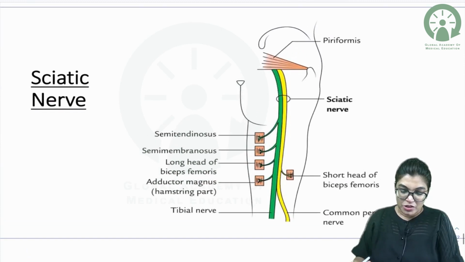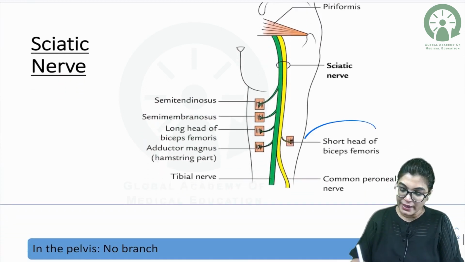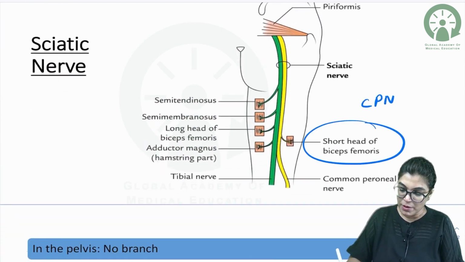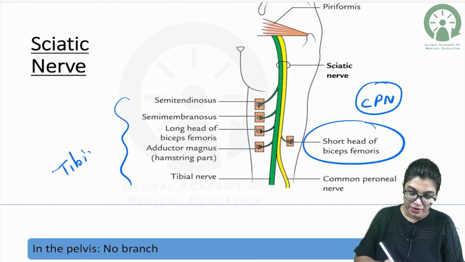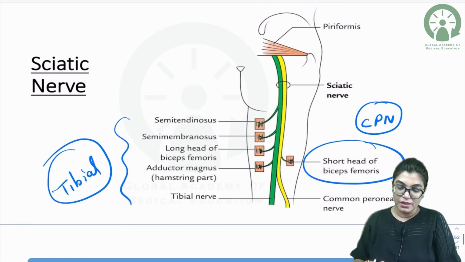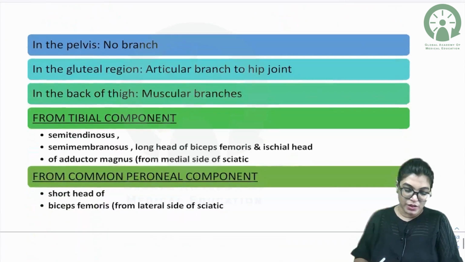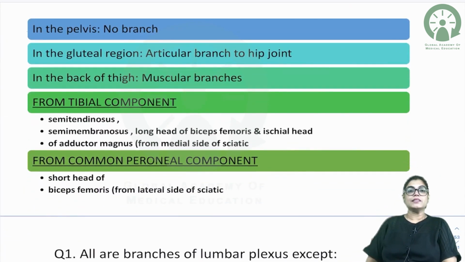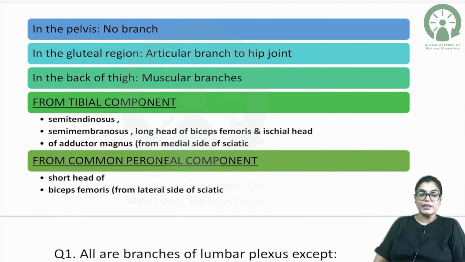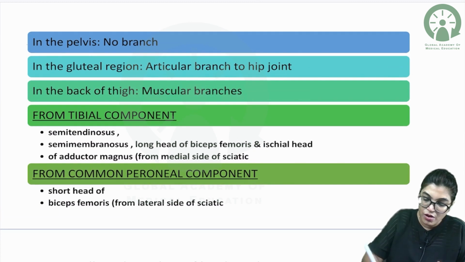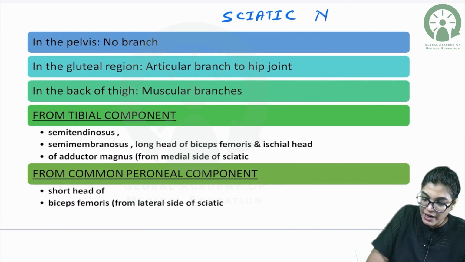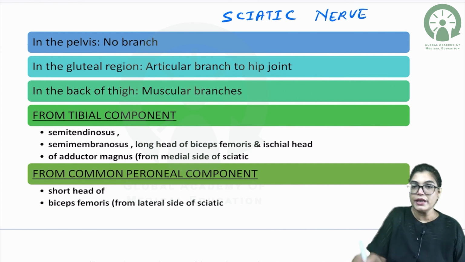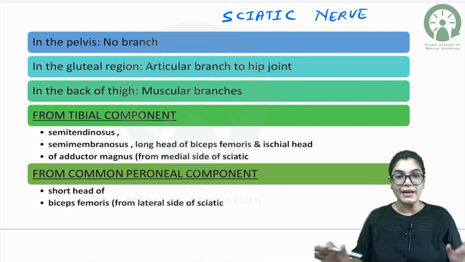Now, regarding the sciatic nerve, as I told you, the short head of biceps gets innervation from the common peroneal component. All other muscles get innervation from the tibial component of the sciatic nerve. Sciatic nerve is the thickest nerve of our body, and it gives no branches in the pelvic region.